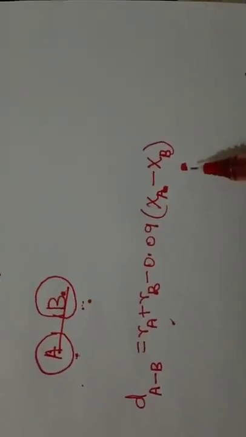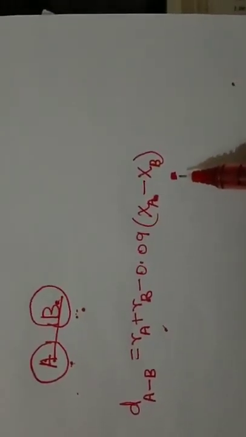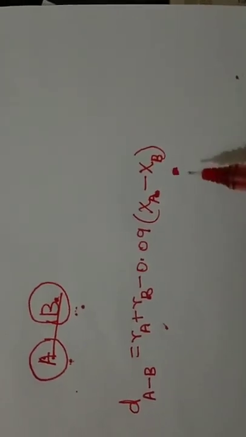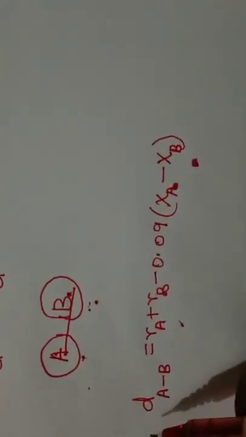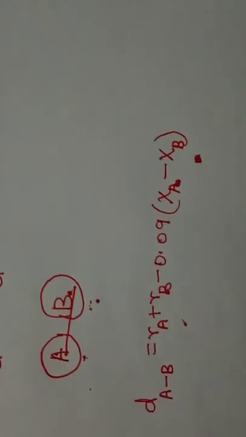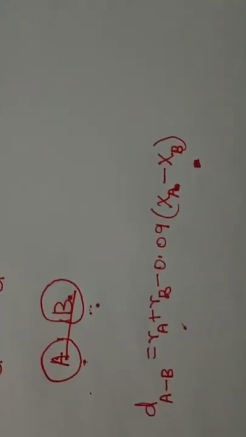This is the formula proposed by Schomaker and Stevenson. So this is one formula to find the internuclear distance between two different atoms. So how to calculate this? We are going to study this.